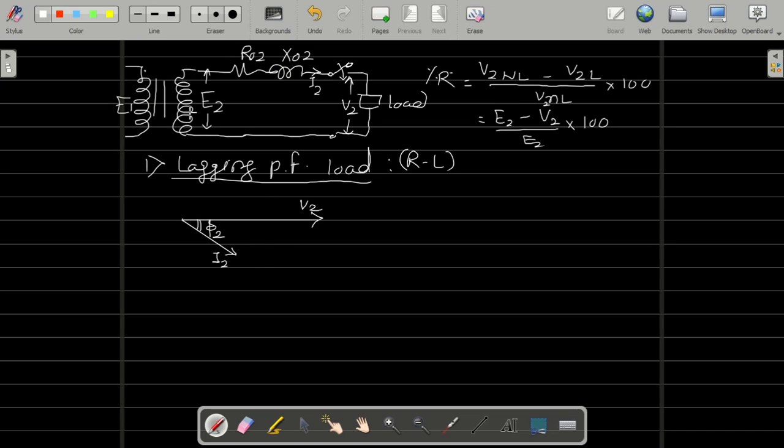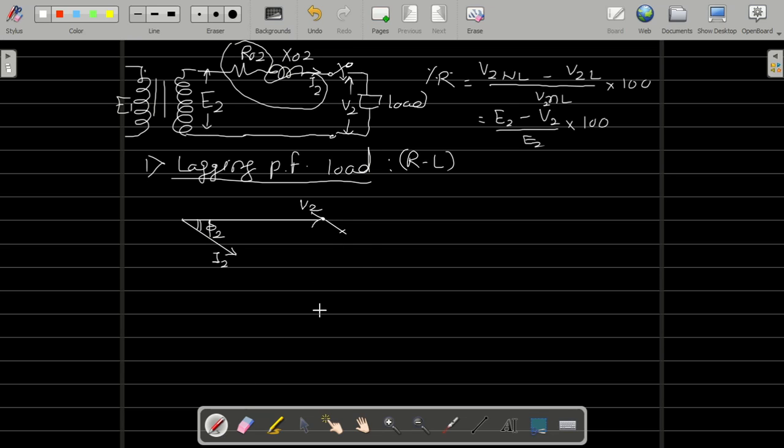Now when this I2 is flowing through the resistance, what will the voltage drop be? I2R02. Where will I2R02 be? It is a voltage drop in pure resistance, so it will be added to the voltage, but it is in the same phase with the current, because in a purely resistive circuit, voltage and current are in the same phase. So I2R02 will be in the same phase as the current, parallel to the current here, clear?